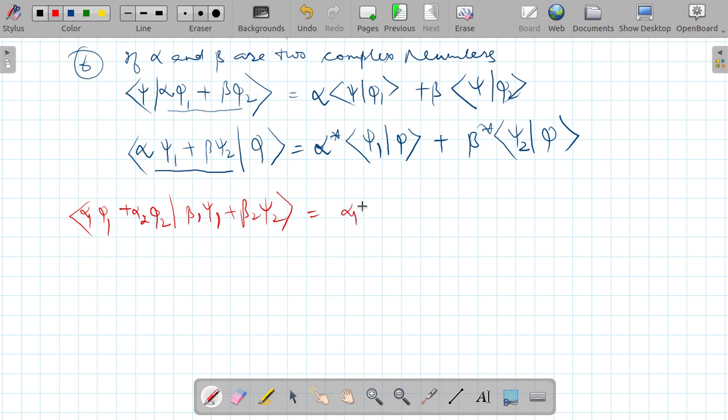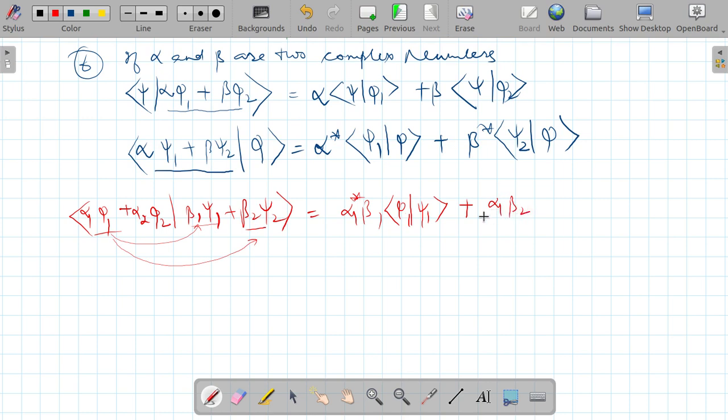So it is alpha 1 beta 1. Here alpha is multiplied with the bra vector, so its complex conjugate is taken outside, and beta will be as it is because it is with the ket vector, and it can be written as phi 1 into psi 1, plus the next term, alpha 1 beta 2.